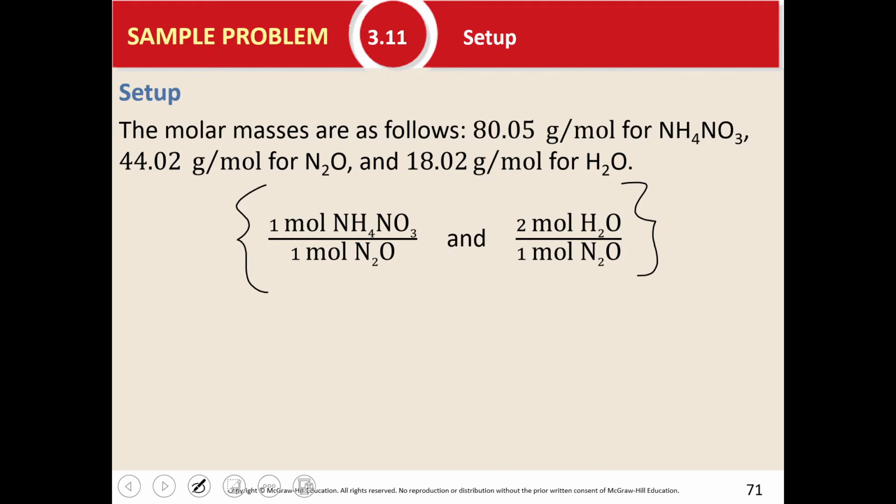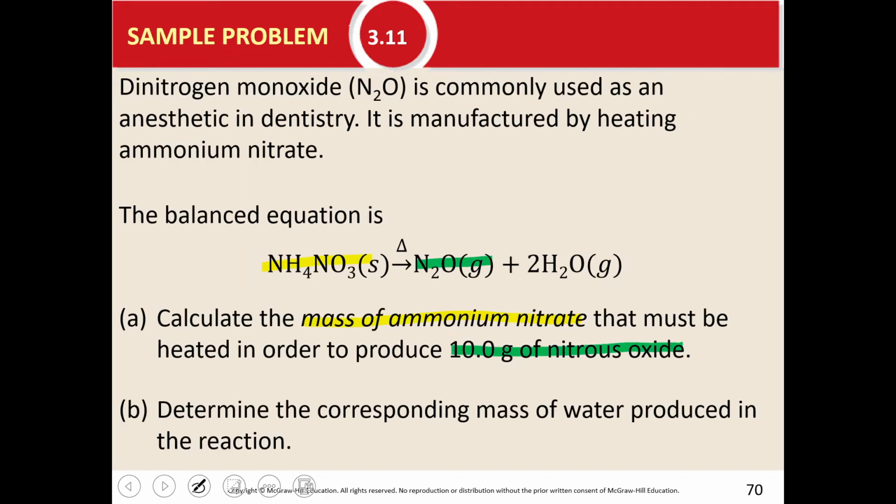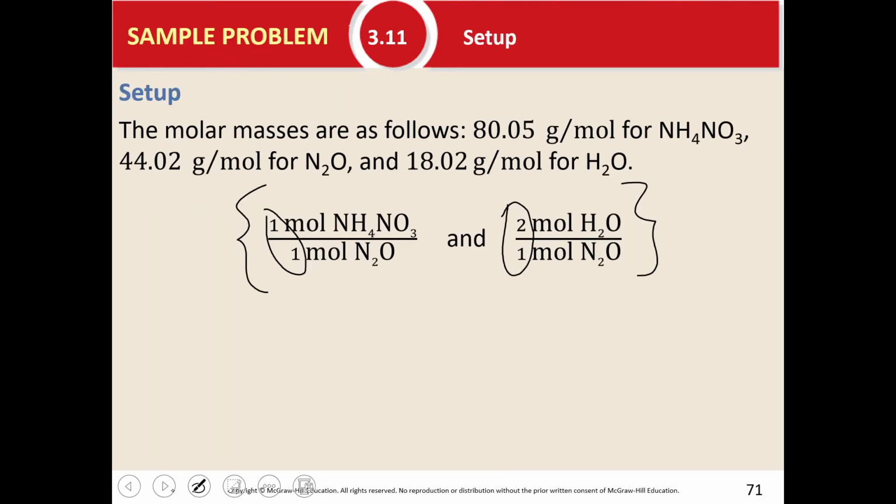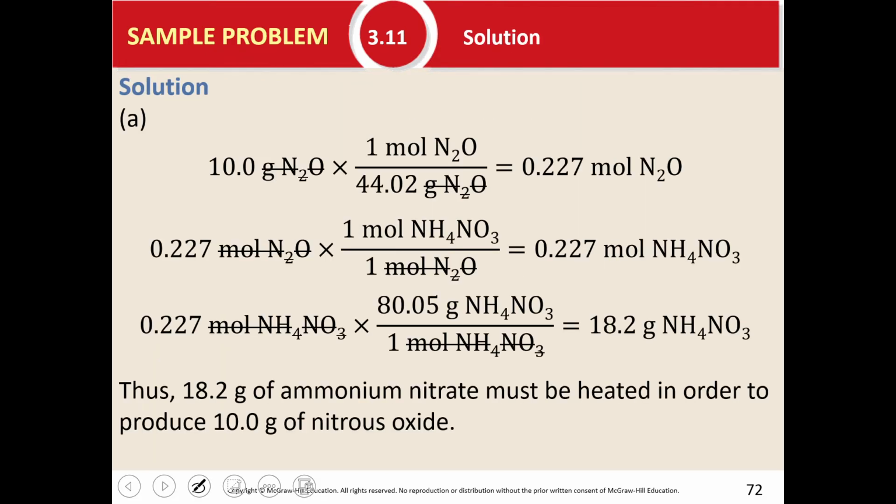Now, we get these numbers directly from the balanced chemical reaction. See, when there's nothing written out front, it's an understood 1. Okay, those are terrible 1s, but those are supposed to be 1s. And then the 2 there. All right, so for the first part, again, is your given times your unit factor or factors equals our unknown.